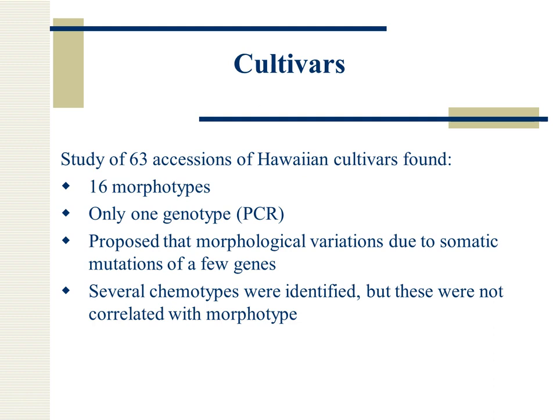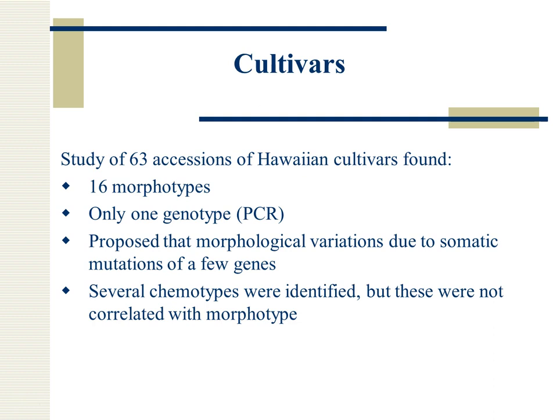In those cultivars, one study looked at 63 accessions, being samples of those cultivars. And they found 16 different morphotypes. These are plants that have a certain morphological characteristic, but only one genotype. And so they believe that the morphological variations are due to somatic mutations in a few genes that alter what they look like.